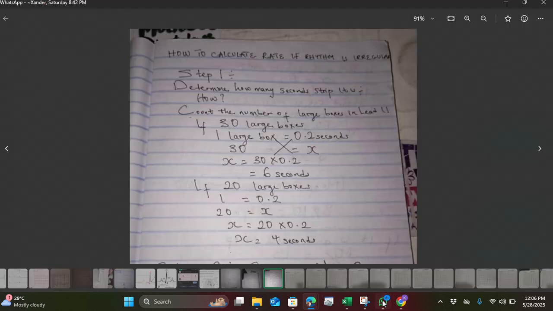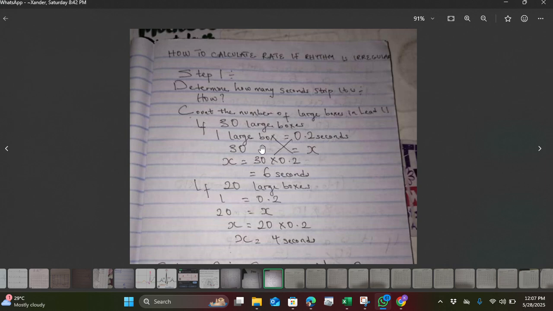So after counting the number of large boxes, if it is 30 like we got in this one now, I told you earlier during our previous classes that one large box in an ECG strip equals 0.2 seconds, right? Now if one large box is 0.2 seconds, 30 large boxes is going to be 30 times 0.2. That is 6 seconds.